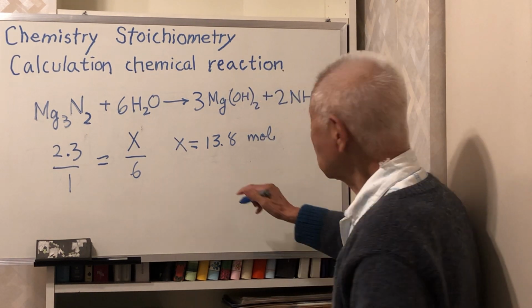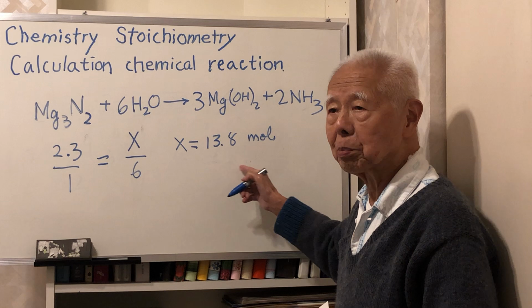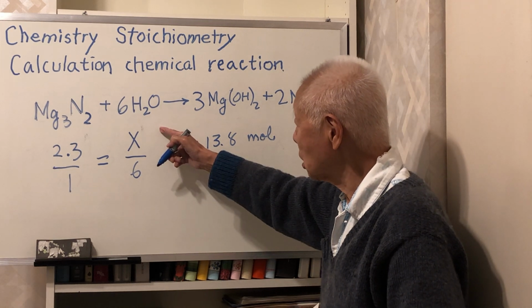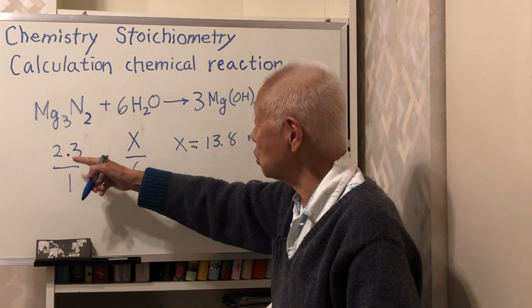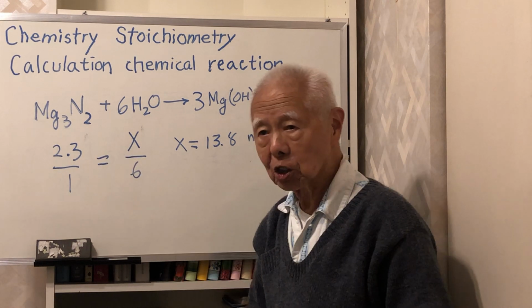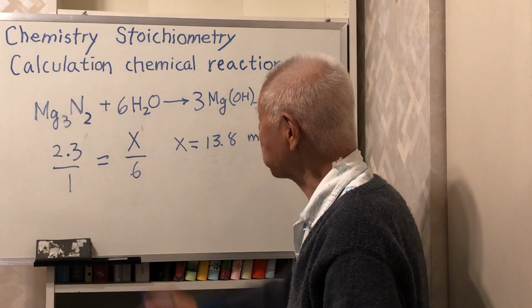I need 13.8 moles of water to react with 2.3 magnesium nitride.